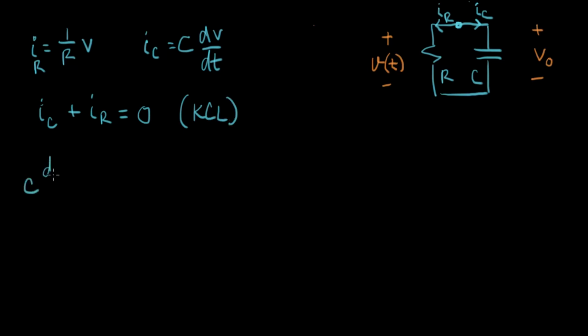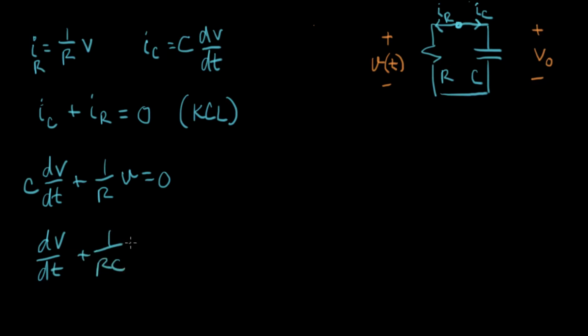C dV dt plus 1 over R times V equals 0. Now I'm just going to divide through by C just to be tidy. dV dt plus 1 over RC times V equals 0.